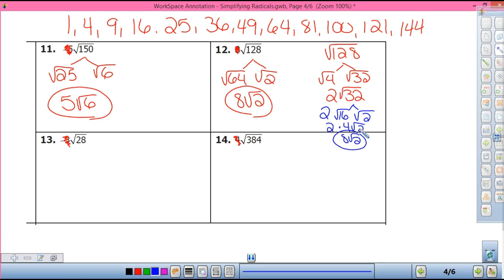John C, are you done with 28? What'd you get? Are you still working on it? 4 and 7, okay. So root 4, root 7. Can I reduce that root 7? No? So 2 root 7, we're good. Alright, 384 is a little bigger one.